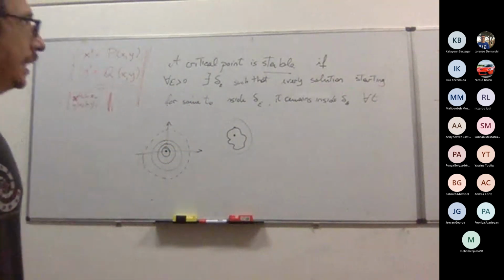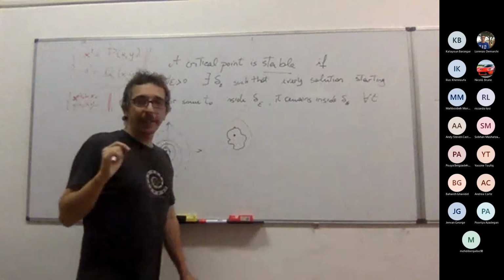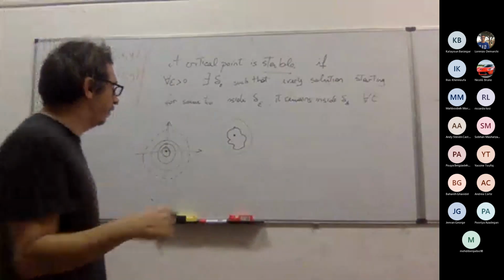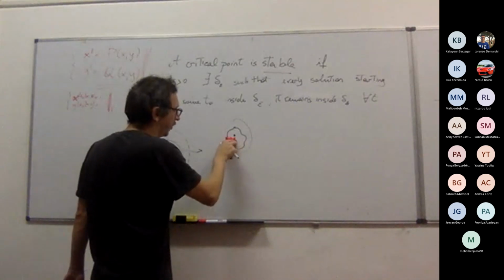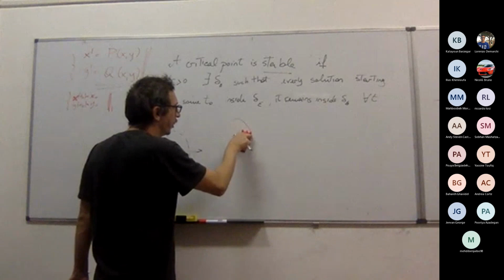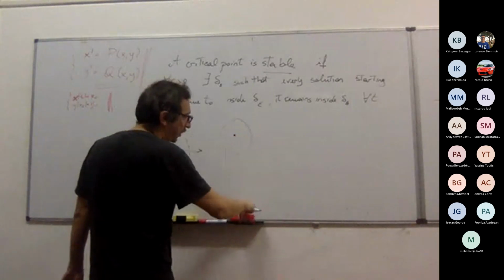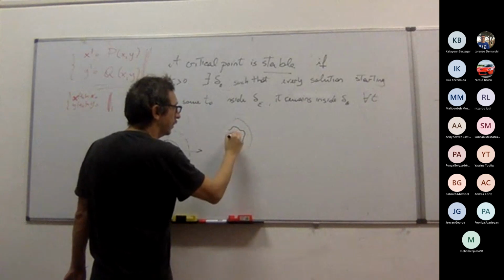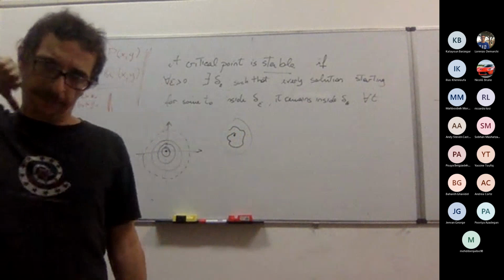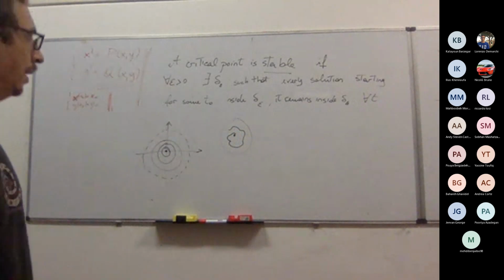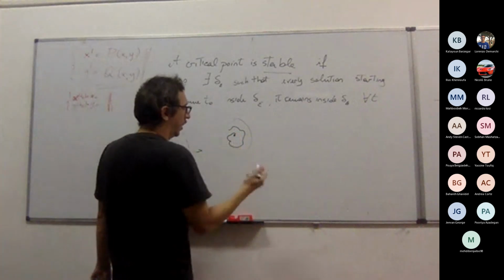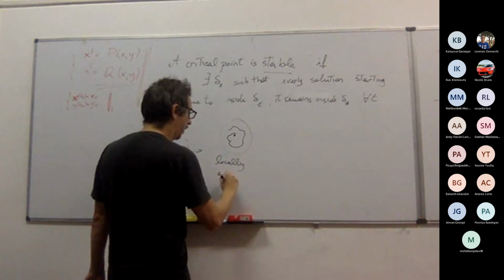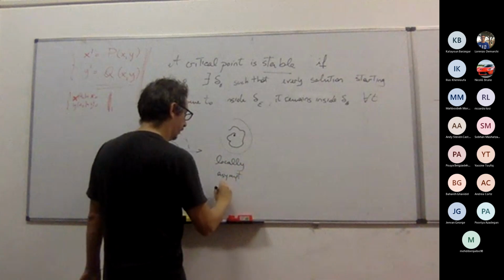In particular, the stable point would be locally asymptotically stable if the solution is not just staying in this region, but is approaching the critical point as t goes to infinity.